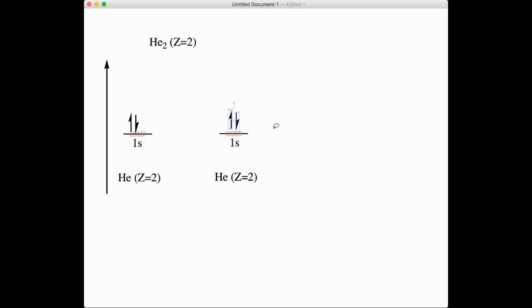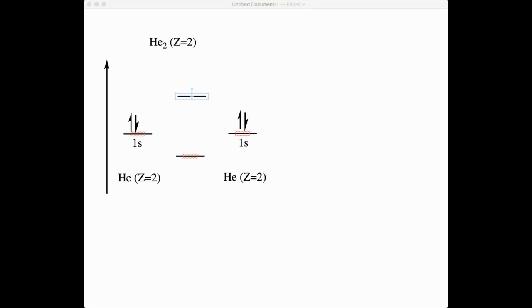Okay. So when I combine these two orbitals, as I said, if we combine two atomic orbitals, we should get two molecular orbitals. One of these molecular orbitals will be bonding, and the second one will be anti-bonding, which we know is higher in energy, right? Bonding is the combination in phase, anti-bonding is out of phase, okay?